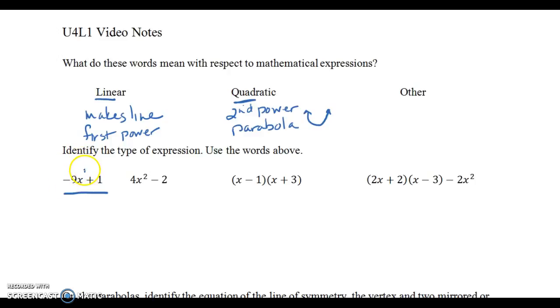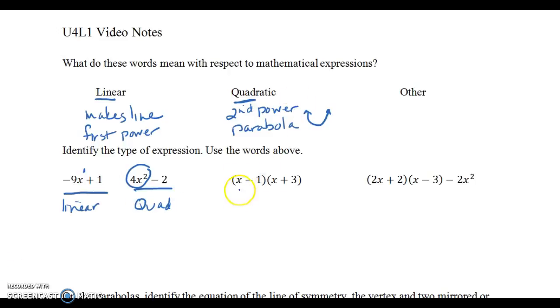Okay, x to the first power, so that means that this one is a linear expression. Okay, the second thing that we have here, 4x squared minus 2, this is to the second power, and the other thing doesn't matter, the constant doesn't matter, so this one is a quadratic expression.